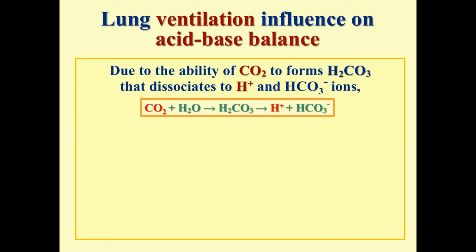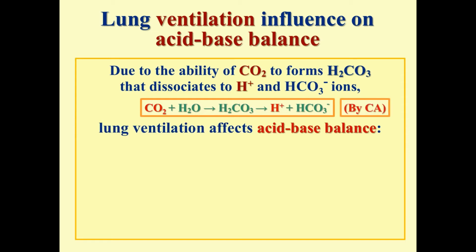Actually, the reaction goes bilaterally, to both directions. But you see there is a direct relationship between CO2 and H+. Therefore, with carbonic anhydrase mentioned, lung ventilation easily changes the acid-base balance.